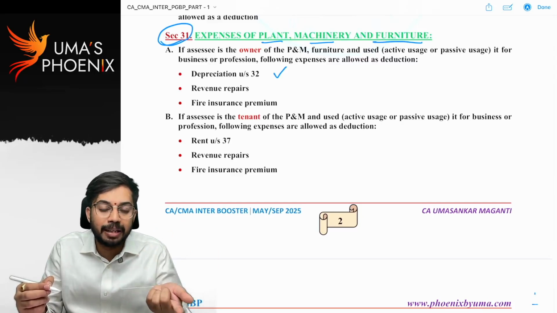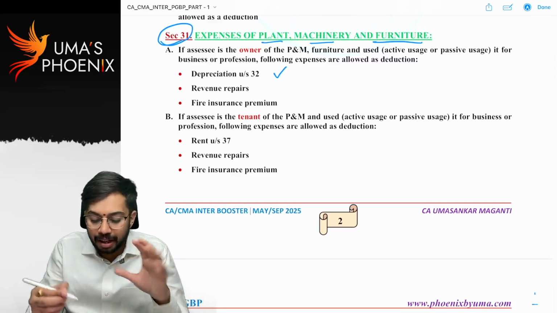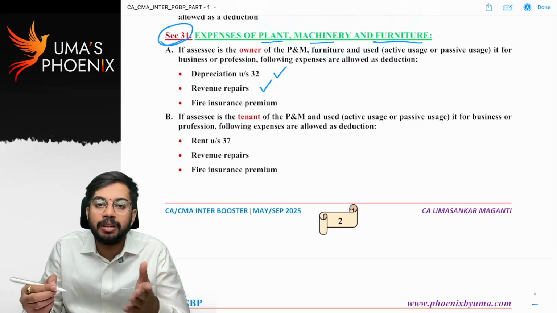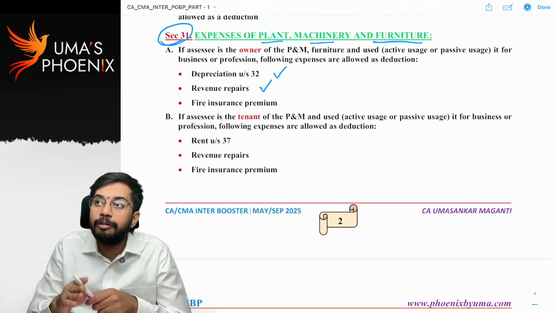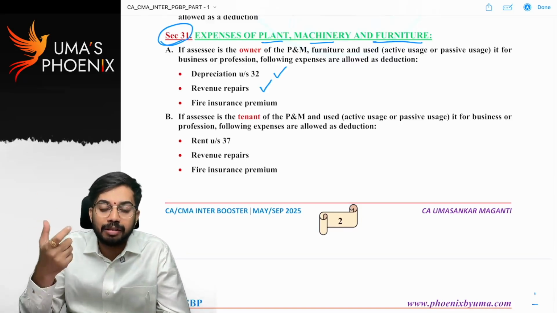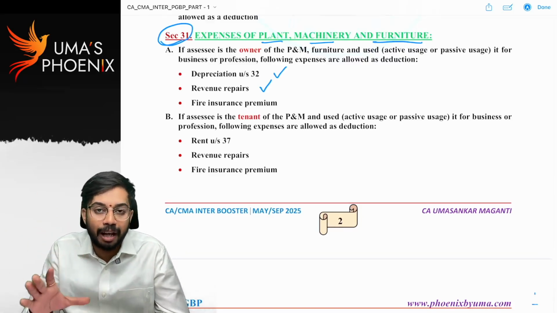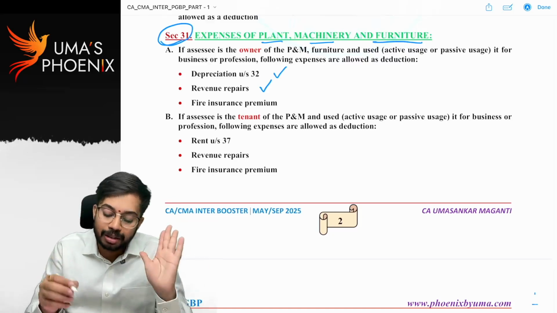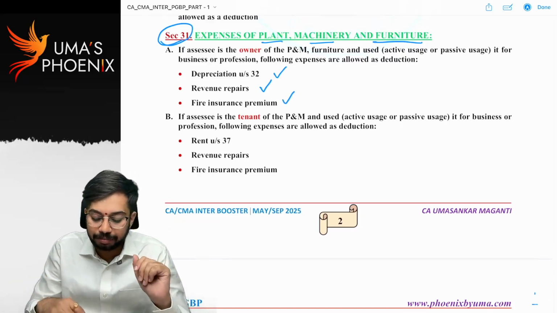Whatever the maintenance expenses are there, those maintenance expenses also I will claim as deduction. For generator, I took fire insurance premium. I purchased it with 5 lakh rupees. If fire comes and power generator gets caught in the fire, means I will lose 5 lakh rupees. So I took fire insurance premium. That also allowed as deduction.